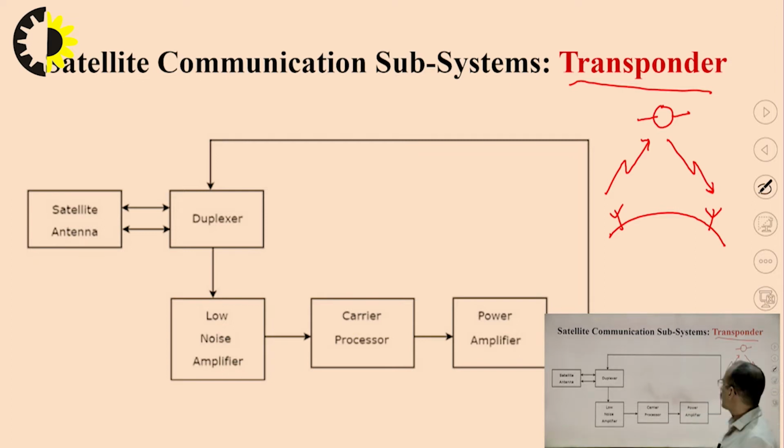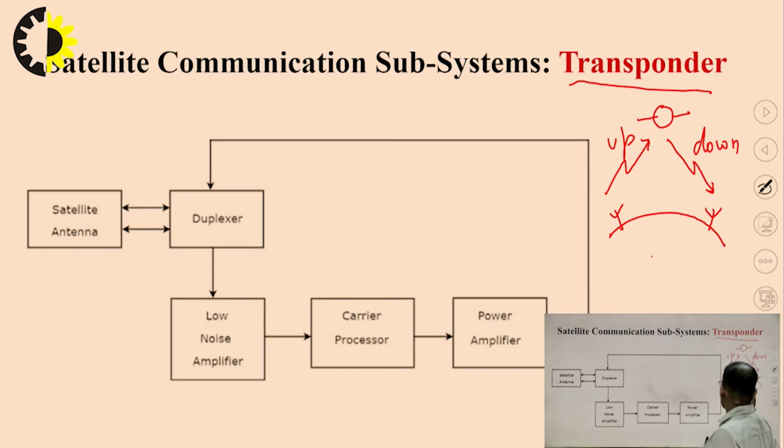In this, a satellite, a man-made object, is placed in the outer orbit of the Earth. The satellite gets the signal on the uplink frequency from the earth station and retransmits the same information towards the earth station on the downlink frequency.